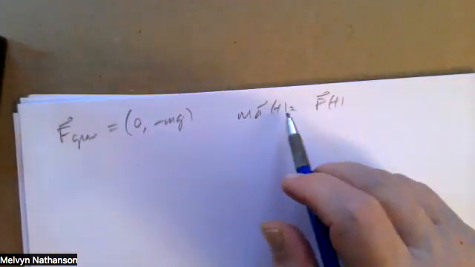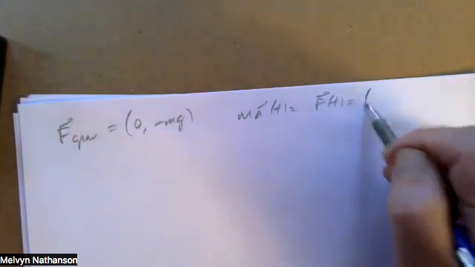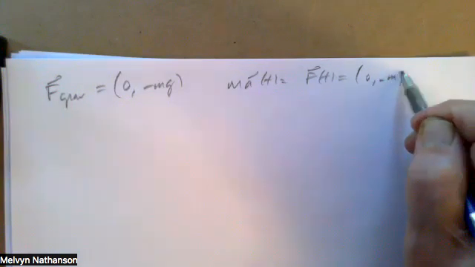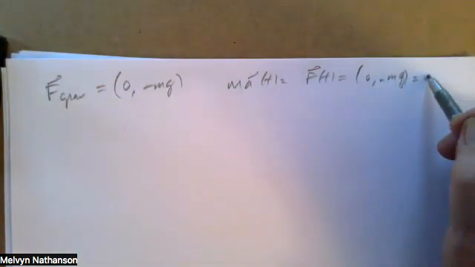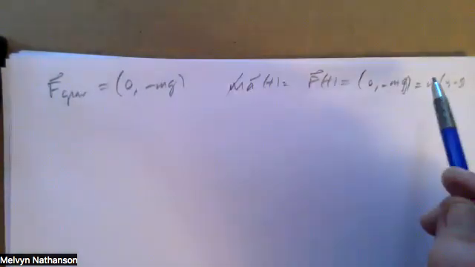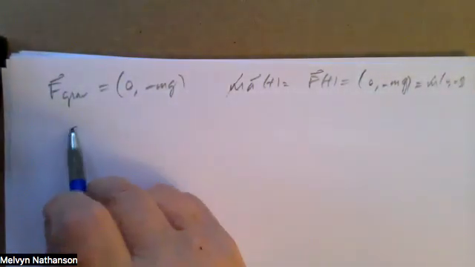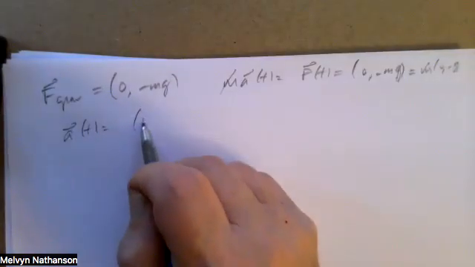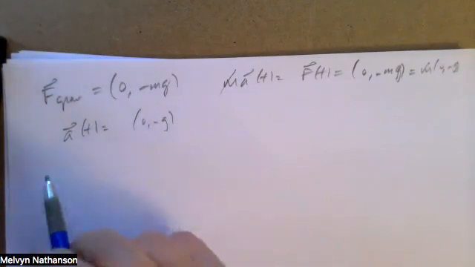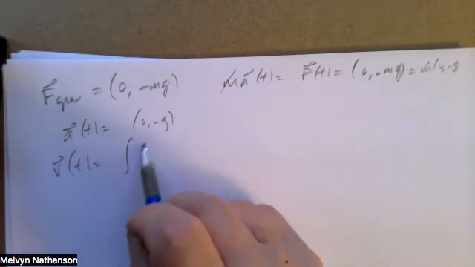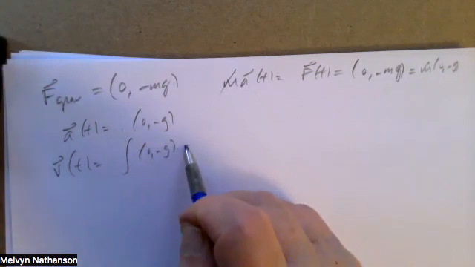And if the acceleration is the acceleration due to gravity, this is 0 minus mg, which is the same as m times 0 minus g. So you can cancel the m's, and you get the acceleration due to gravity is 0 minus g. So the velocity is the integral of 0 minus g dt.